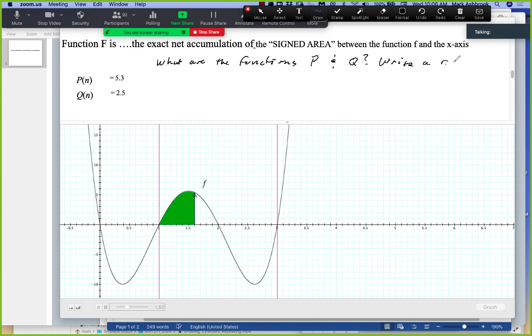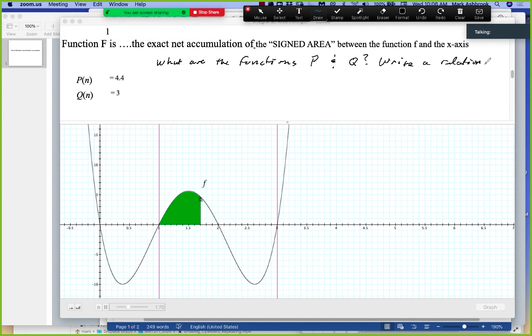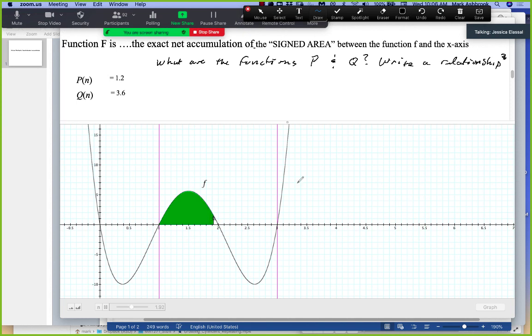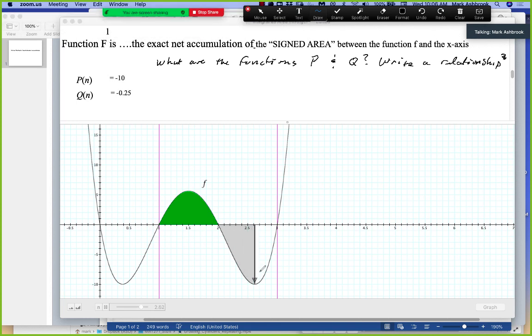It's the net accumulated area. So now here, look, it's decreasing. It's the signed area. Do you see now it's about to be 0, like we guessed, and now it's negative and getting more negative. So what would a relationship between p and q be?